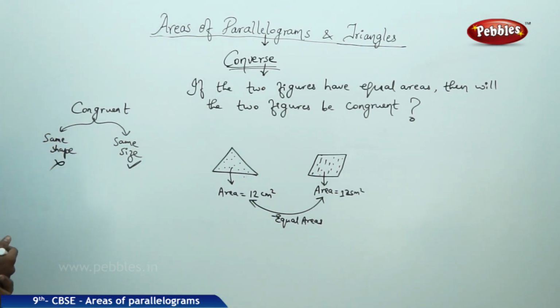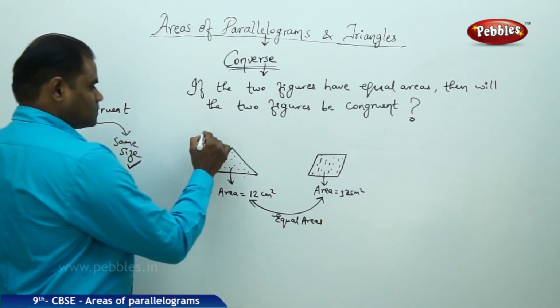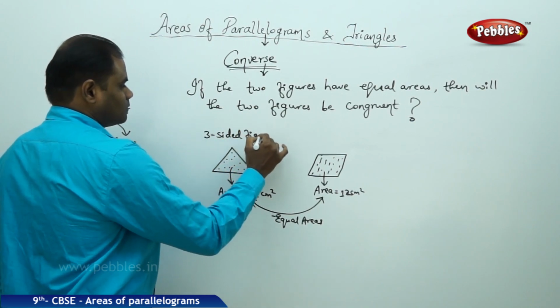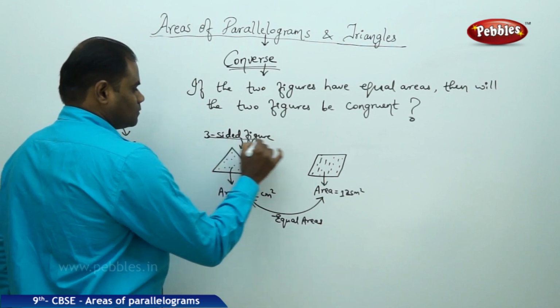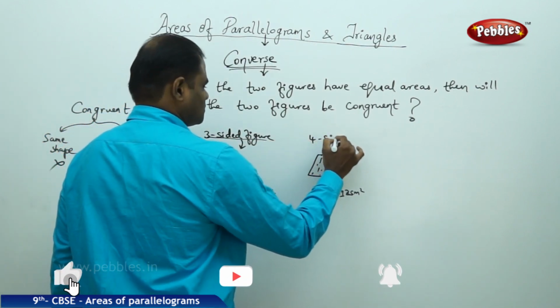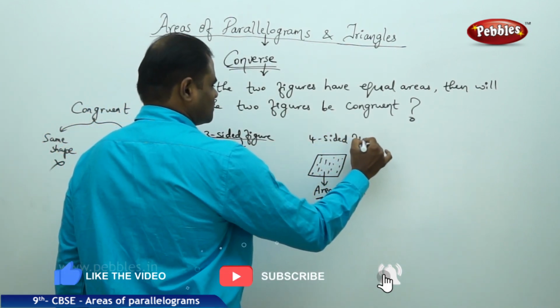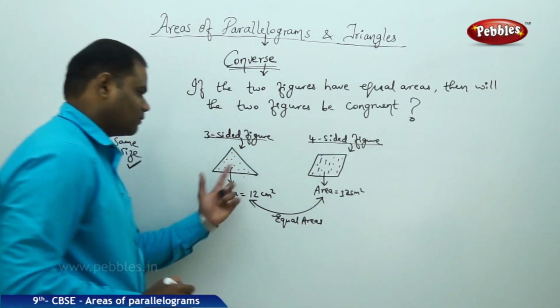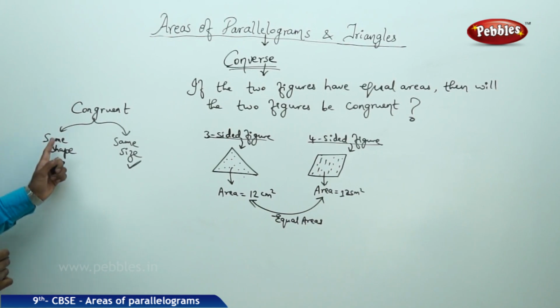It fails with the second case. This is a three-sided figure and this is a four-sided figure. Therefore, they are not of the same shape, but they are of the same size.